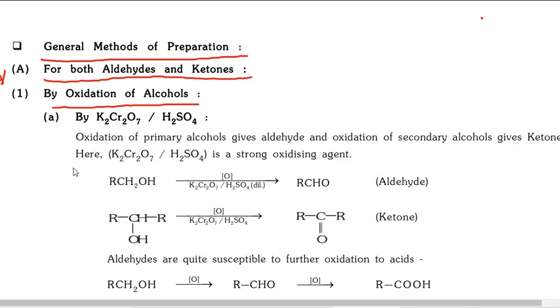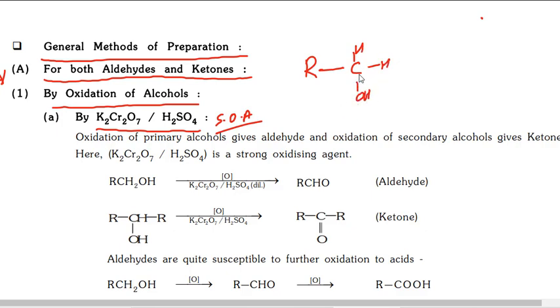Good oxidizing agents are K2Cr2O7 and KMnO4. Here we are taking K2Cr2O7 in acidic medium. In acidic medium it acts as a strong oxidizing agent. Take a primary alcohol.